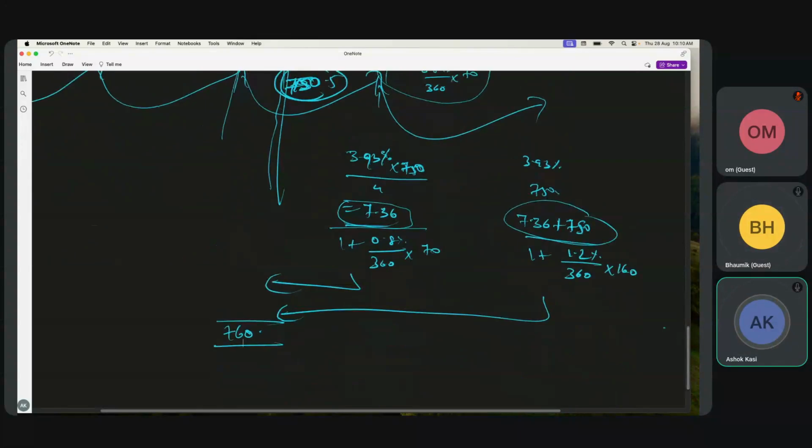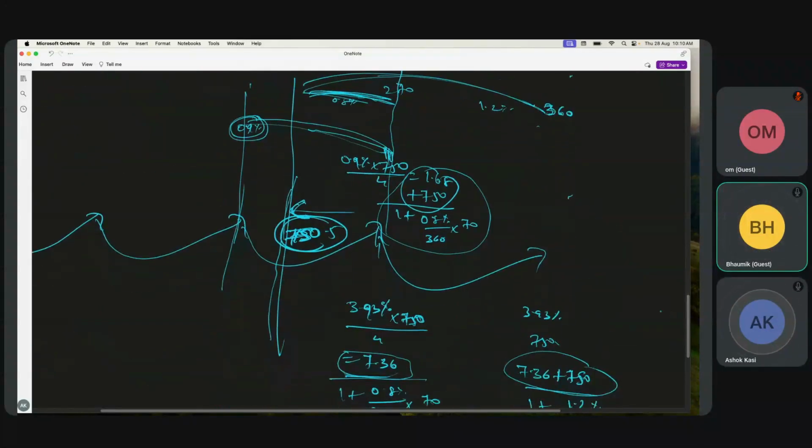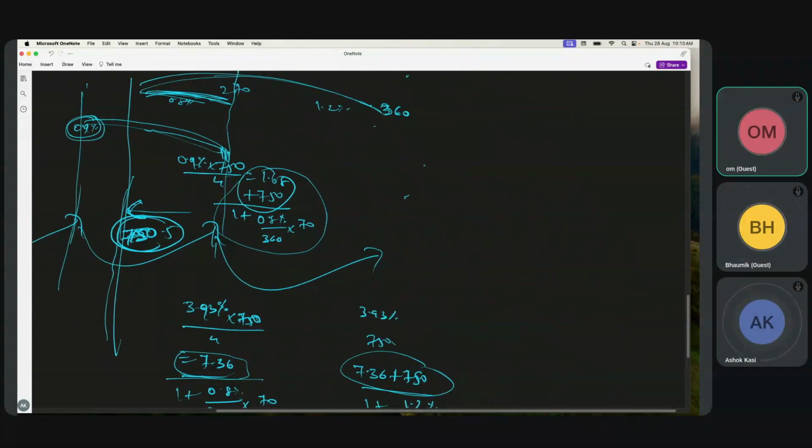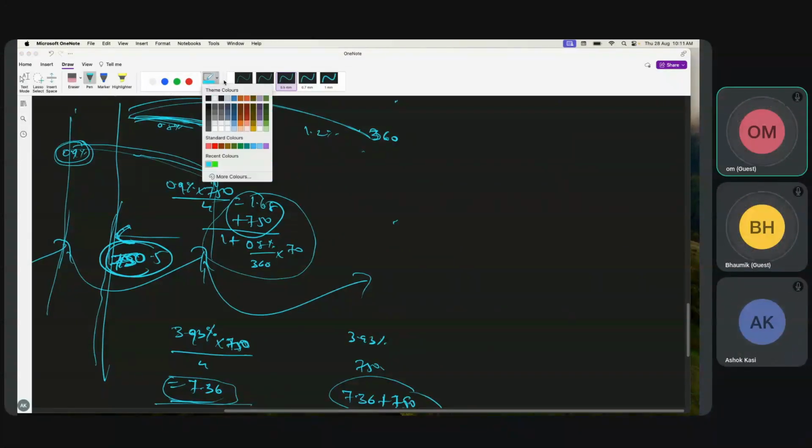See here, 760, and so how have you done this one then? Sir, I did the easier way. I got the difference 9.57. No, but easier way means how? Just tell me the steps. I calculated the swap rate after 200 days.